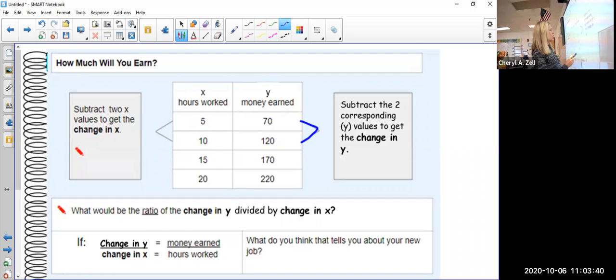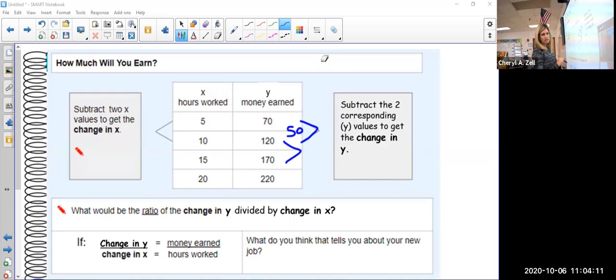The change. I want you to look at 70 to 120. Subtract the two numbers, and just take the higher number. So take 120 minus 70. We're not really dealing with negatives here. 50, right? Okay. So subtracting the two. All right, 120 and 170.